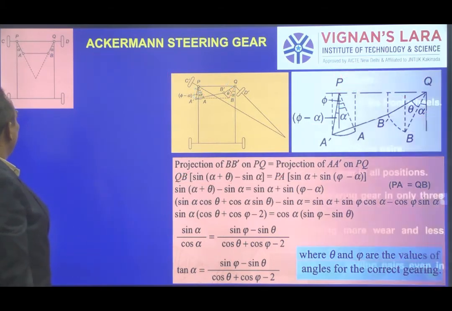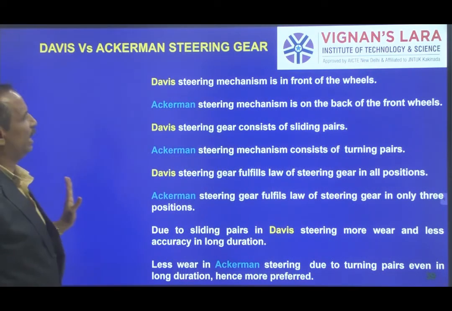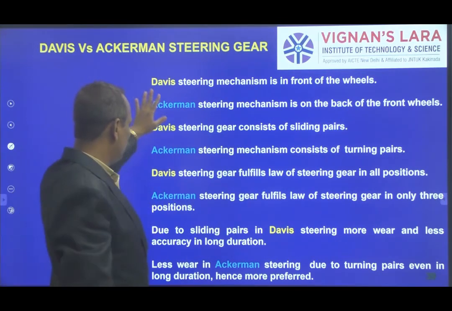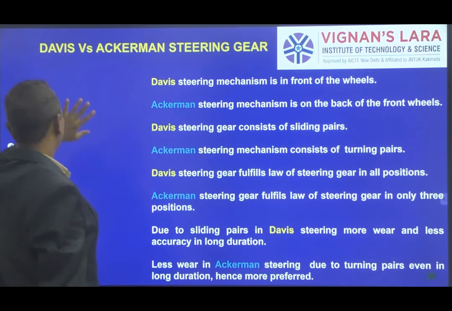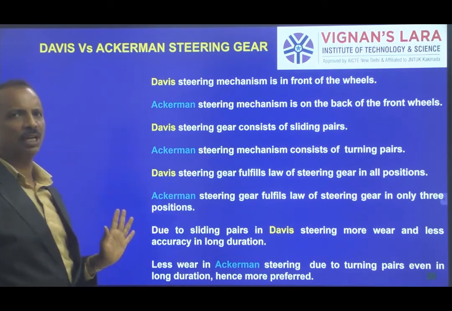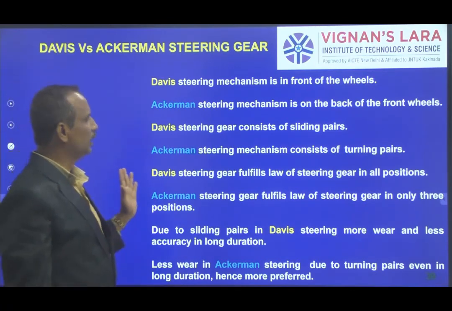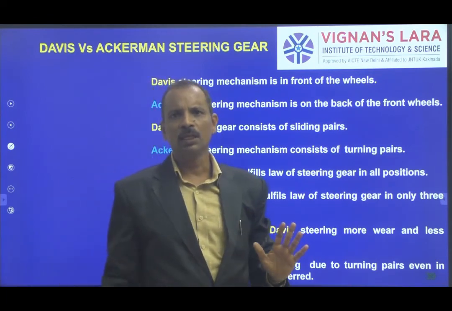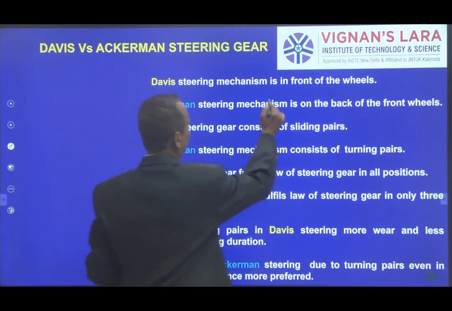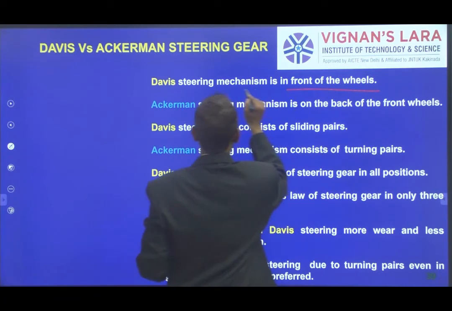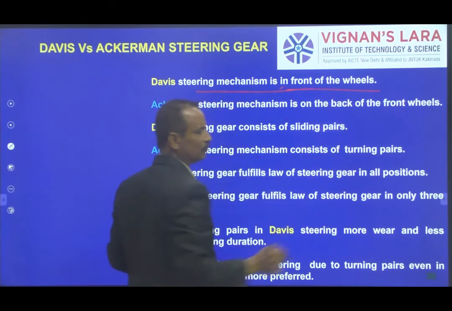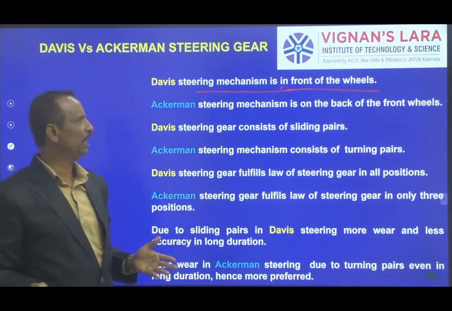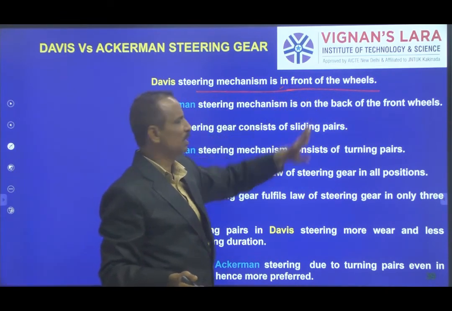Then if you compare Ackerman's and Davis steering gear, of course all these points we have already discussed, and I have made a summary here. What is the difference between these two steering gear mechanisms? Look, in the Davis steering gear, the entire mechanism is kept in front of the wheels, that is, before the front wheels, the total mechanism is there.